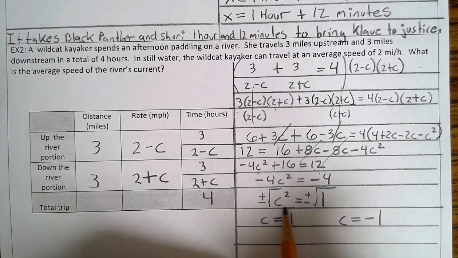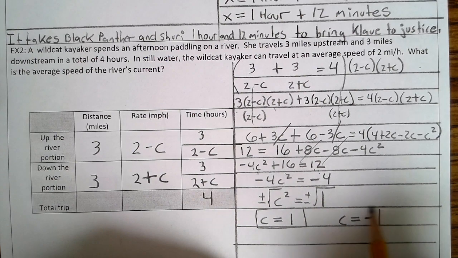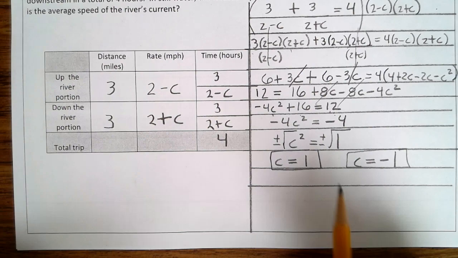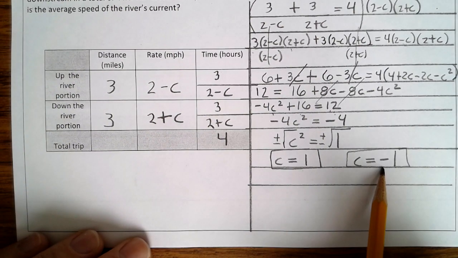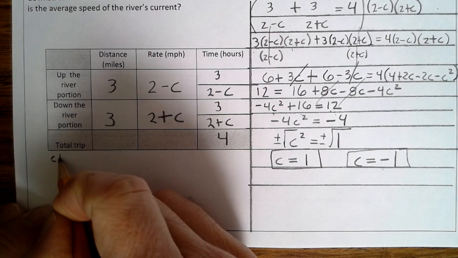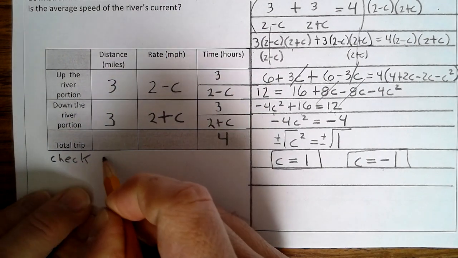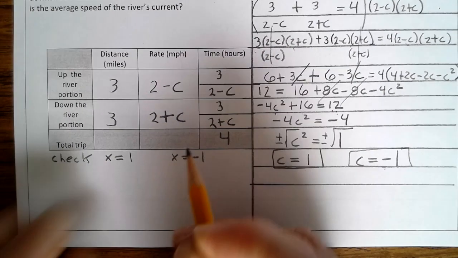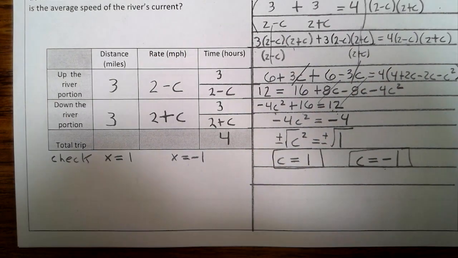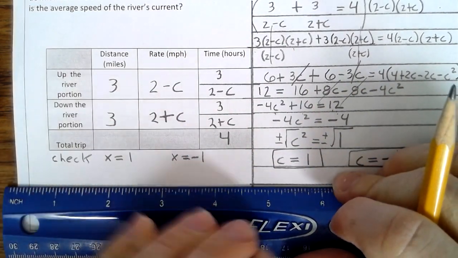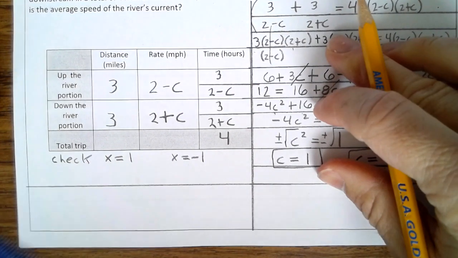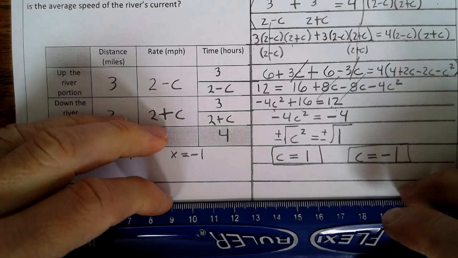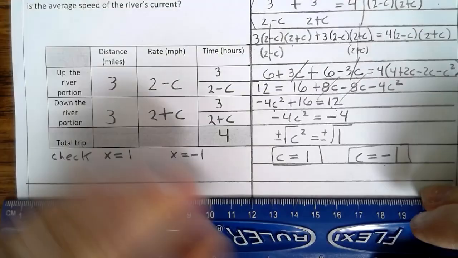Now, we need to check to see which current makes more logical sense. Okay, so let's check that. So check c equals 1, c equals -1. All right, so let's check +1 first.